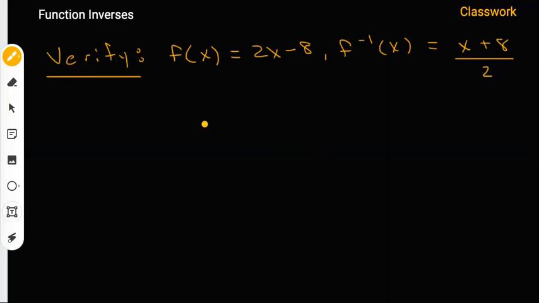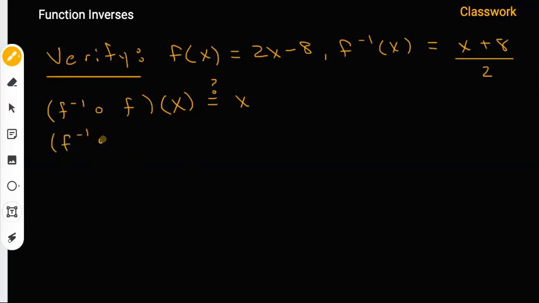So now what I want to do is compose them together. And what that means is I'm going to be taking f inverse and composing that with f. And when I evaluate this composition at x, I should get x in return. So we're going to see if that's actually true.